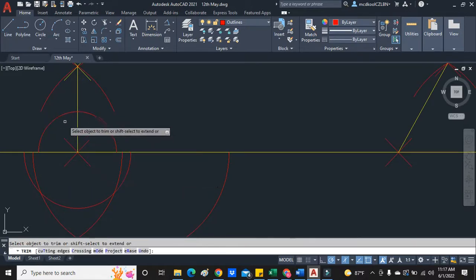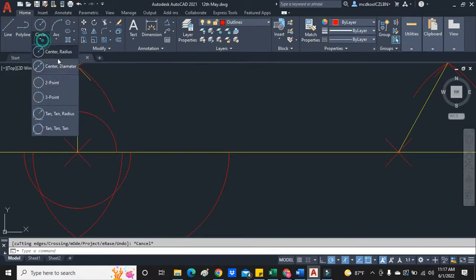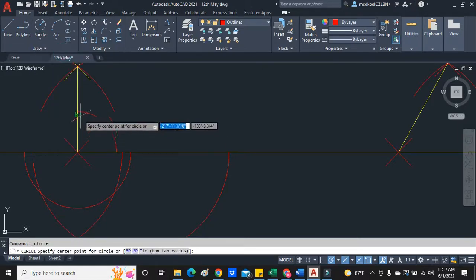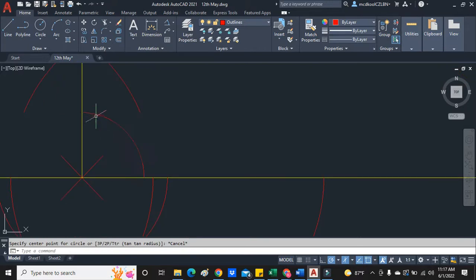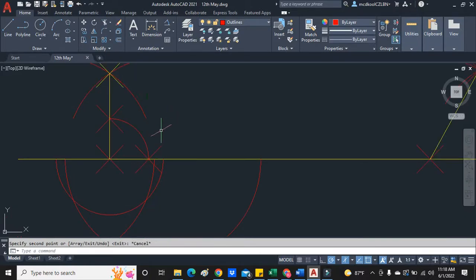What do you think we'll do from here? This arc hits this line at two places. It hits it here at the bottom. It also hits it over here. So we want to produce two new arcs over this side.